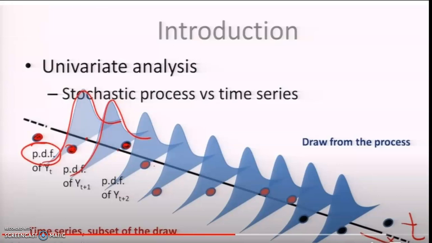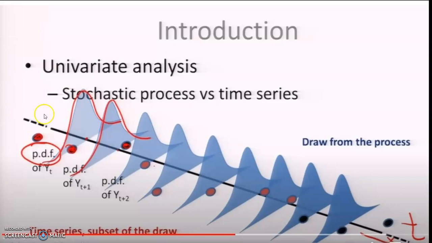If you look at this figure, there is a time series which varies with time, and there is a downward trend in this, and this time series has been generated as a draw from the stochastic process. So each of the points of the time series associated with the various units of time is associated with a probability density function or probability distribution function.